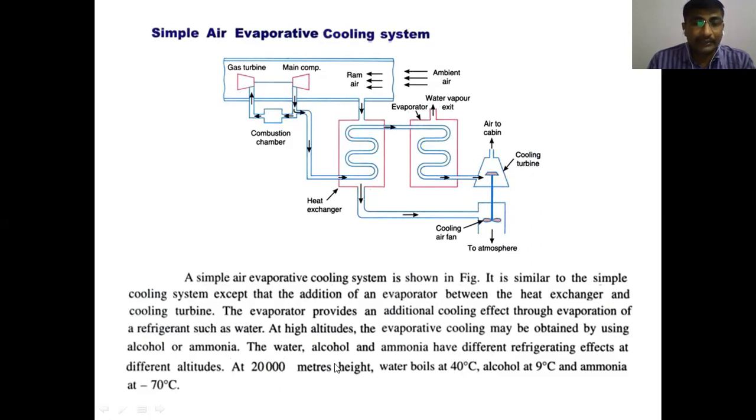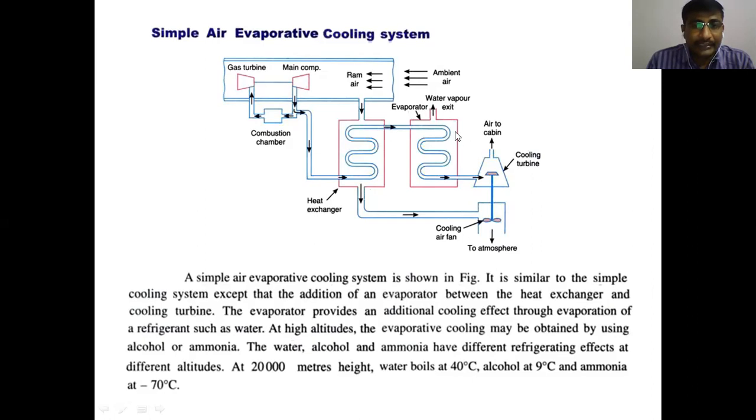At lower pressures, the boiling point of water also lowers from 100 degrees centigrade to 40 degrees centigrade. Alcohol has a boiling point of 9 degrees centigrade, and ammonia boils at minus 70 degrees centigrade. These are the boiling points of the liquids used as evaporative liquids to absorb the heat from the air.